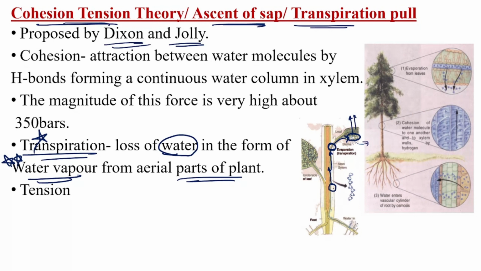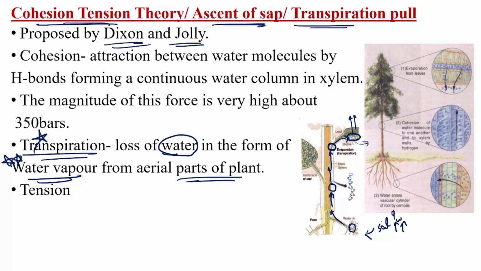So what happens? The stem starts taking water from the root. So now the root becomes deficit of water. It starts pulling water from the soil. We know that soil has higher water potential compared to the roots, obviously.